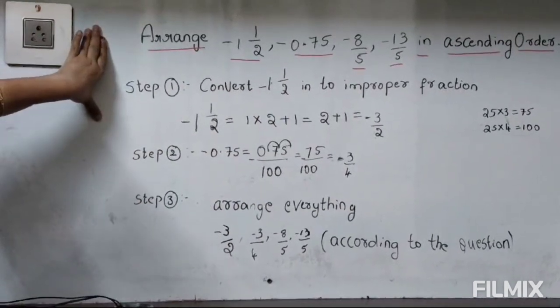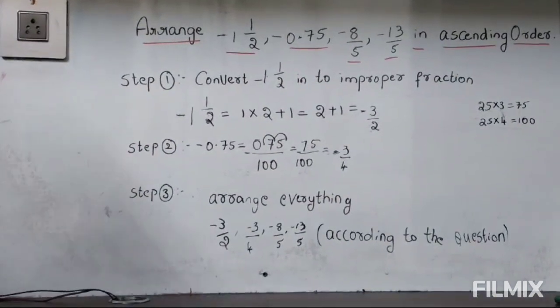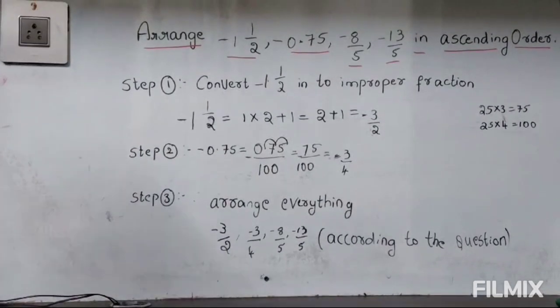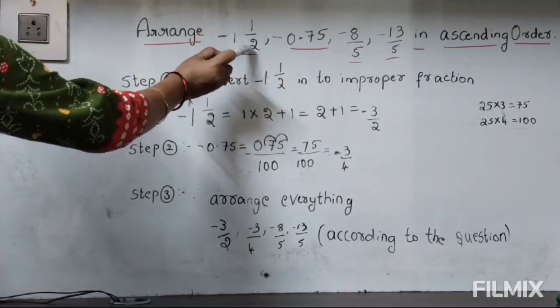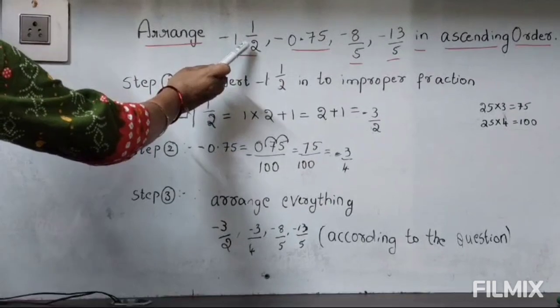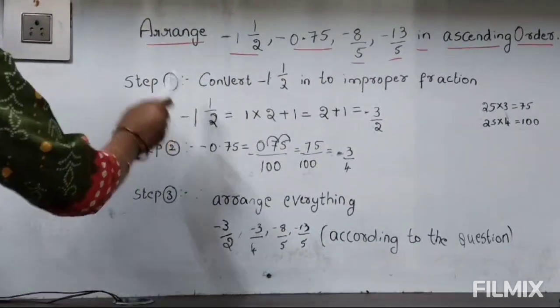What you have to do is, you have learned in your elementary classes the conversion of a mixed fraction to an improper fraction. So this minus 1 1/2 is a mixed fraction. You have to convert it into an improper fraction. How? Let me explain to you here.